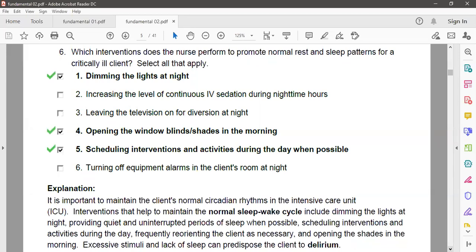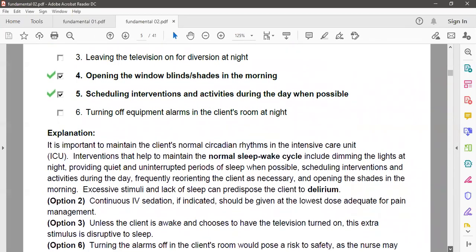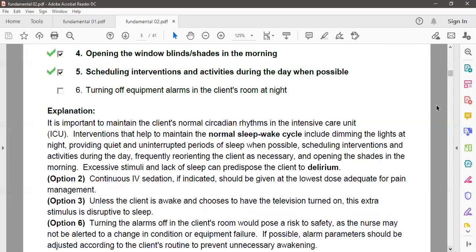Yes, it is a good choice, because if you organize the planning, what your tomorrow activities are, the patient will have a mind setup, adaptation, coping, and they are always waiting for the next hope. Turning off the equipment, no, it is not a good choice because of a safety issue. Safety is the most priority, right?